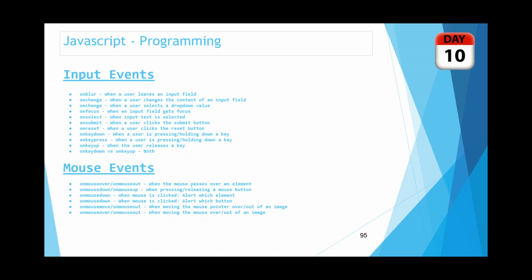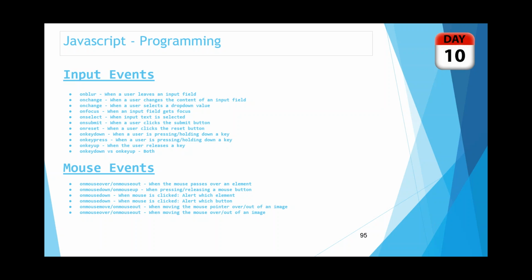Okay, and then we have mouse events in JavaScript: on mouse over, on mouse out, on mouse down, on mouse up. Mouse over is when you are hovering the cursor on a particular element in the HTML document, and mouse out is when the cursor is moving out of that element.